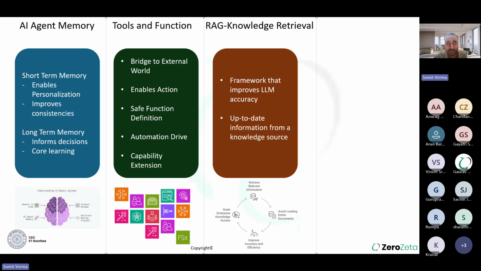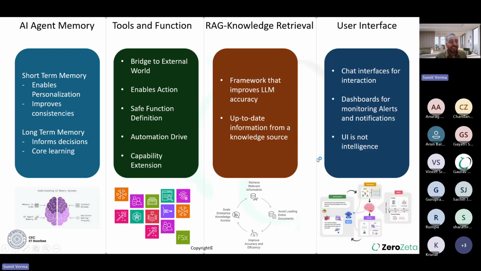Retrieval, augmented generation. The fourth part of it is the UI element, right? Any application you are building, if you are building any agent, you must have some UI element. Without a UI, how are you going to send that query? And suppose I also want to see some insights, some visualization, some dashboard, right?